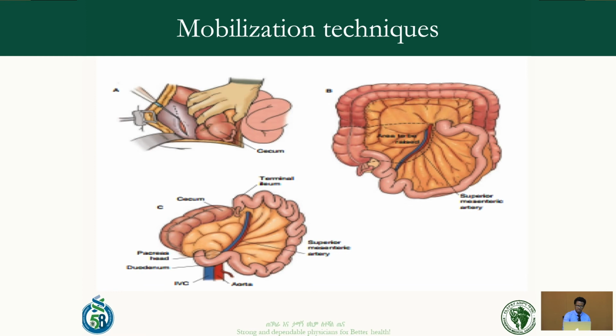For instance, with this mobilization maneuver, the extended Kocher maneuver with Cattell-Braasch approach, we can access the right kidney, the ureter on the right side, and the vena cava and portal vein, so that it will be easier to arrest bleeding from these structures on the right side. So mobilization of the colon and the duodenum is important to arrest bleeding on the right side.